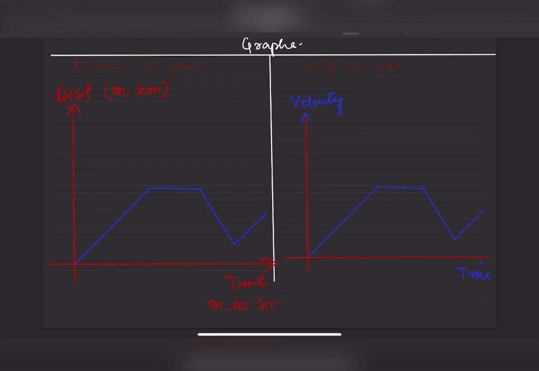So time can be in seconds, minutes, or hours, whatever you get. And velocity can be meters per second, kilometers per hour, anything like this. Okay, so now let me mark O, A, B, C, D and try to understand.